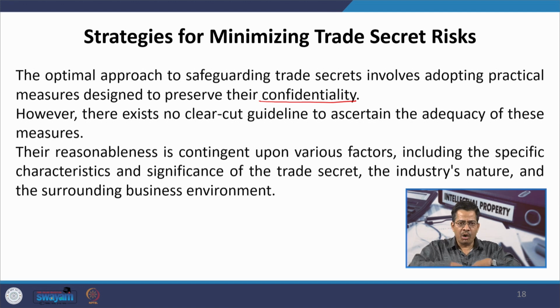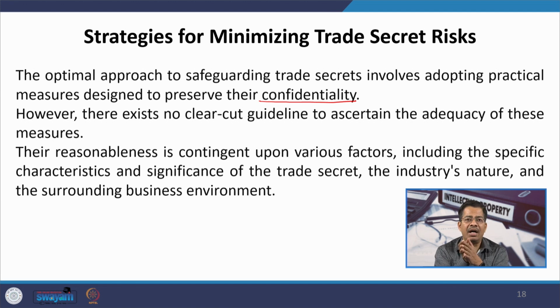If you want to open yourself, then there are other types of IPs which are available. But when you see that it is easy to copy, for example, recipes of any kind of dish, if you go for patenting of that recipe, everybody can make a similar kind of dish in their homes, and it is almost impossible to stop or to go for litigation for that purpose.